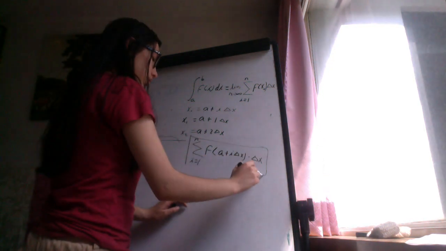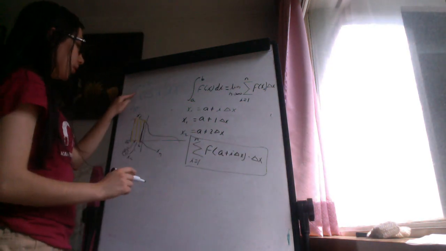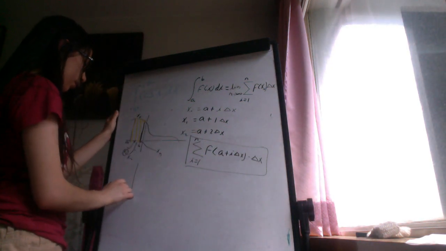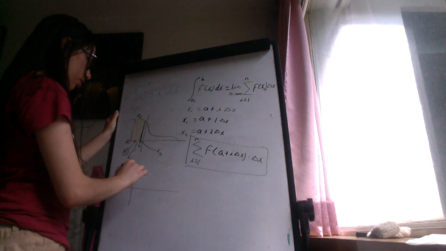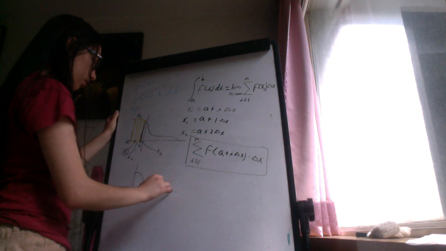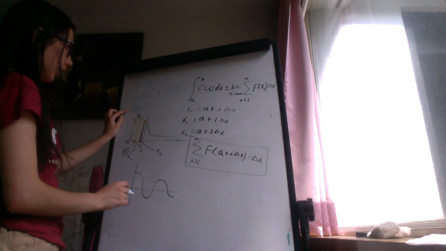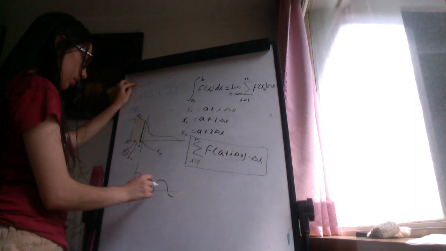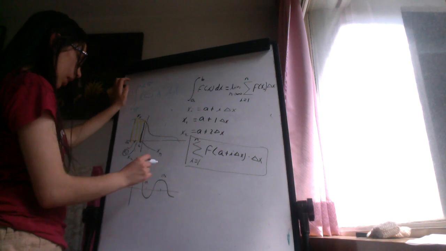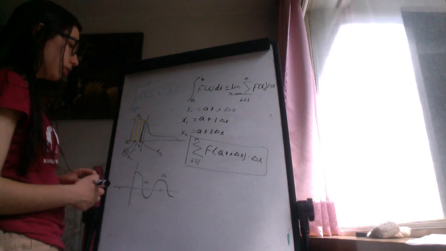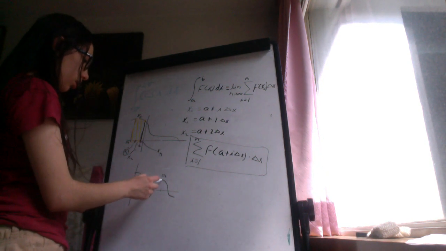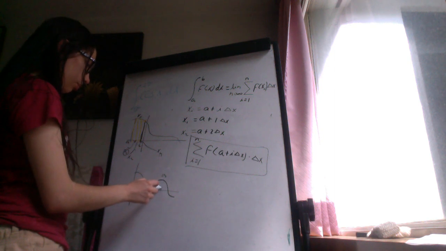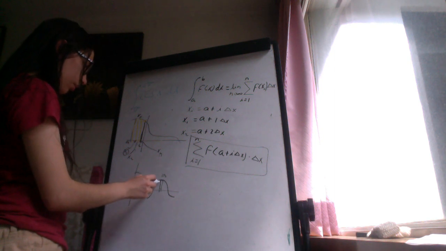So for this one, we have the graph. Let's say the integral from pi to 2 pi. This is pi. This is 2 pi. If we do a right Riemann summation, the first rectangle will be this one.